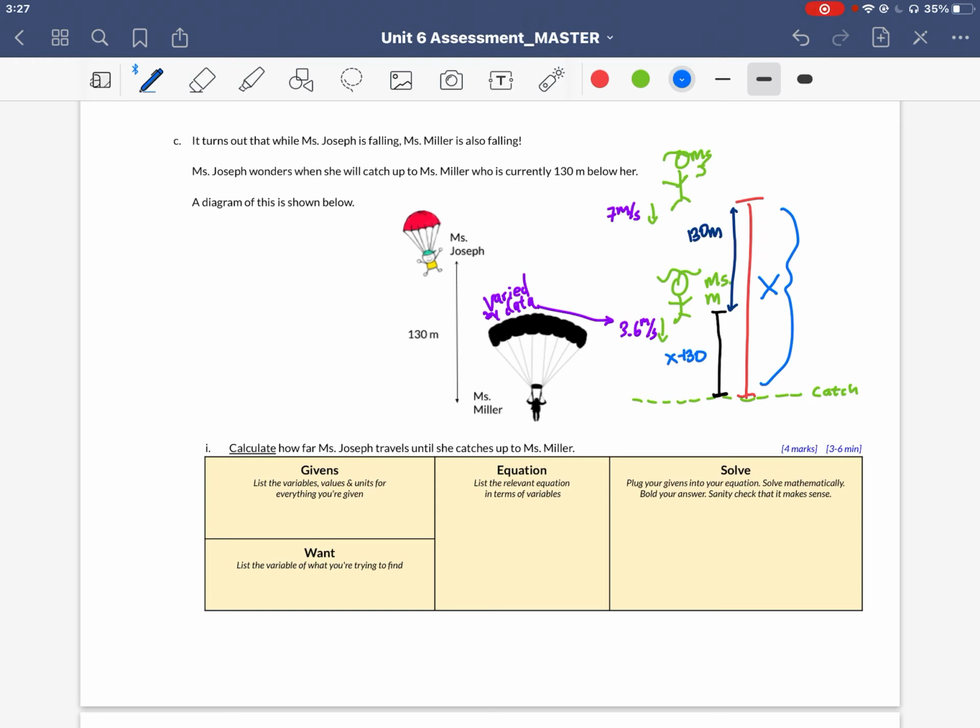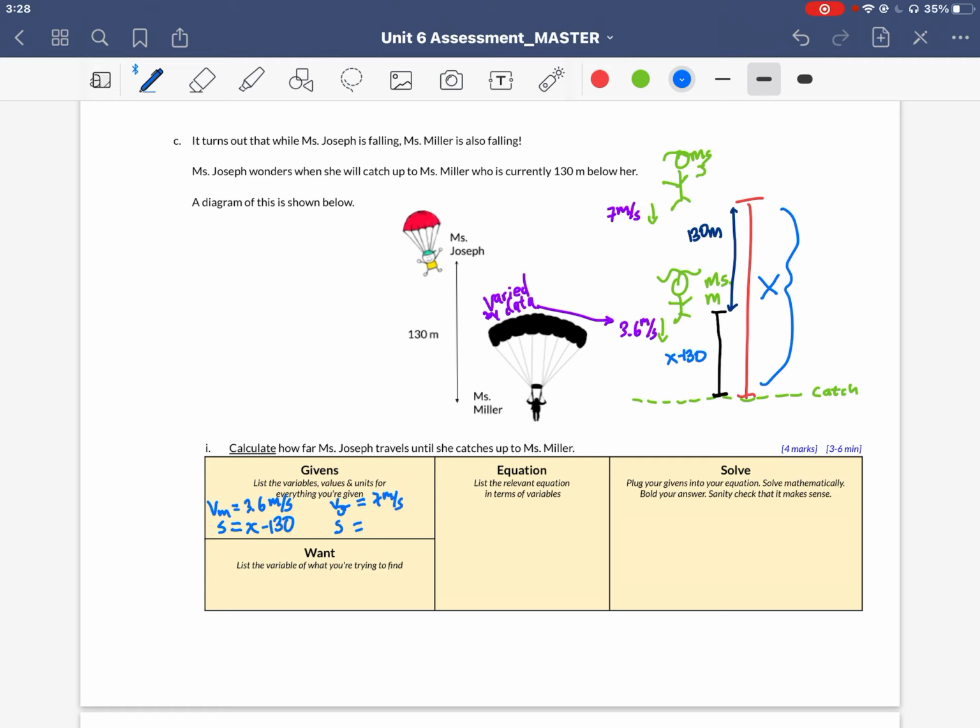We have velocity for Miss Miller, which in my example is 3.6 meters per second. Again, this varied. And my displacement for Miss Miller is x minus 130. Miss Joseph's velocity is 7 meters per second.